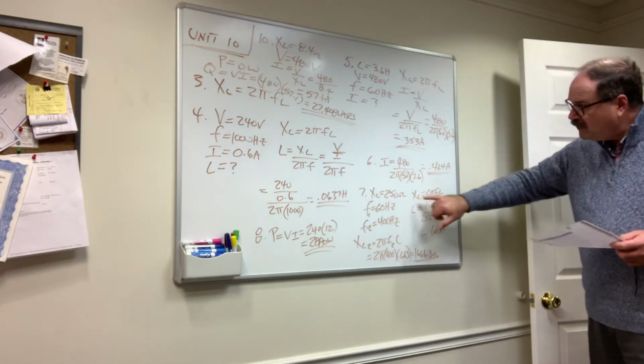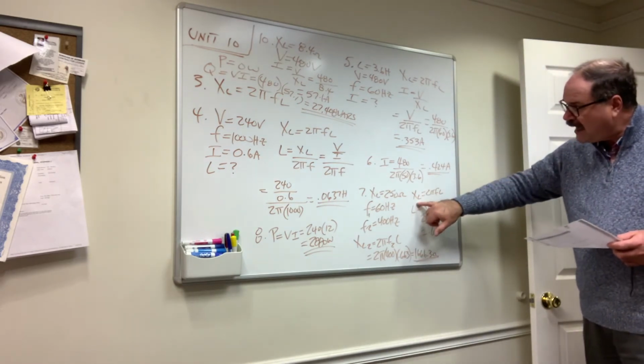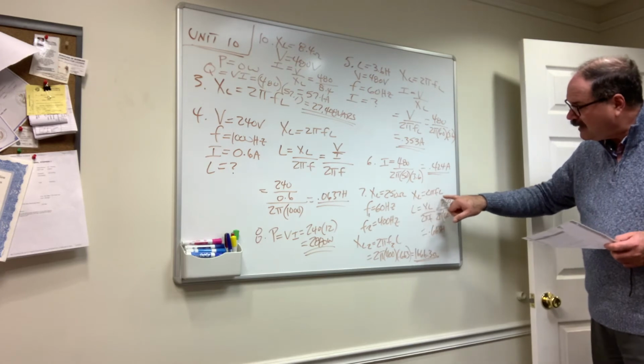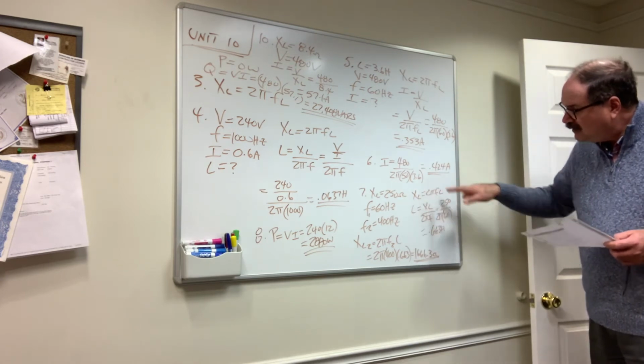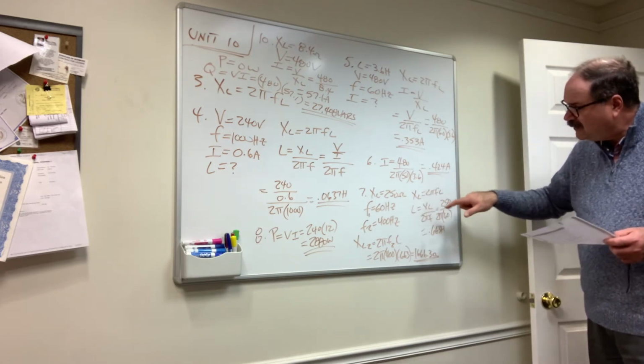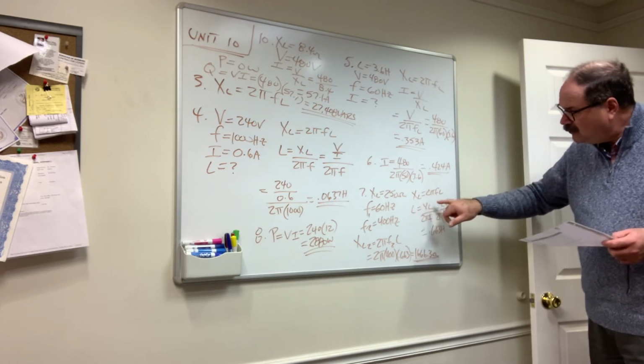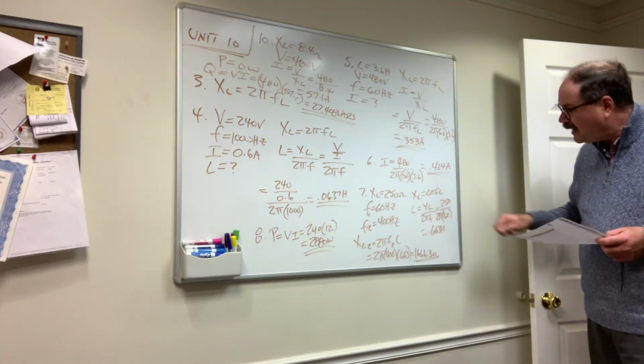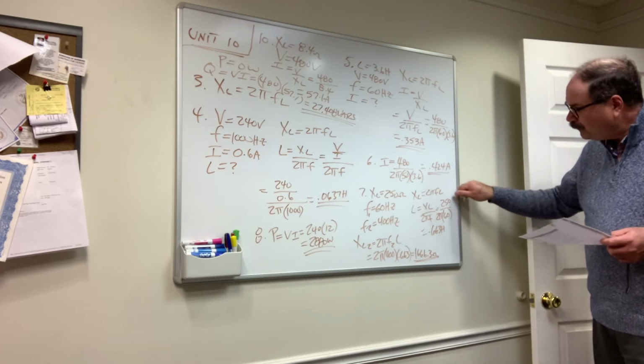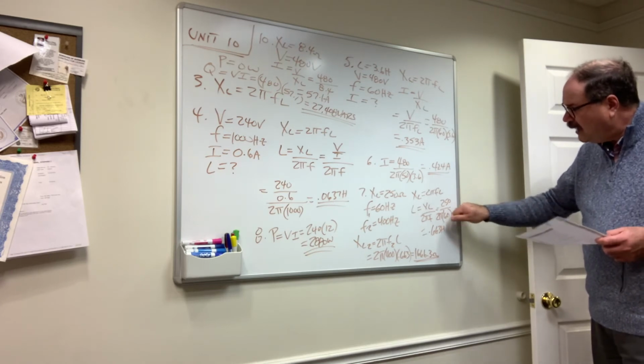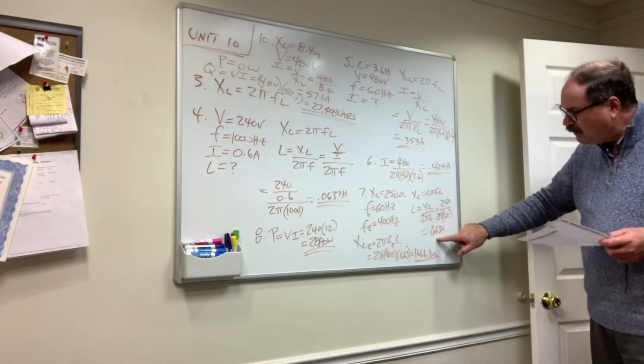So first I have to manipulate the original expression. X sub L is equal to 2 pi times F times L. Solve for the value of inductance. L is going to be equal to X sub L divided by 2 pi F. Plug the numbers in. 250 divided by 2 pi times 60 hertz will give me a value of 0.663 henries.